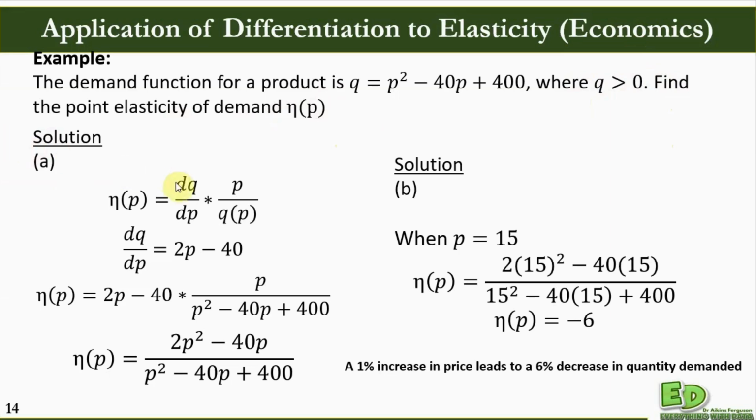To find that, we say it is dq over dP, change in quantity over change in price, times price over quantity.